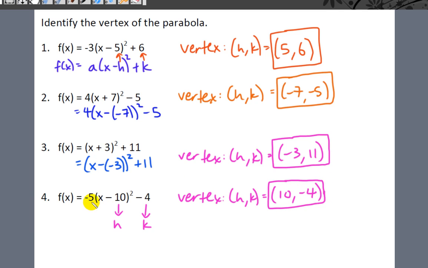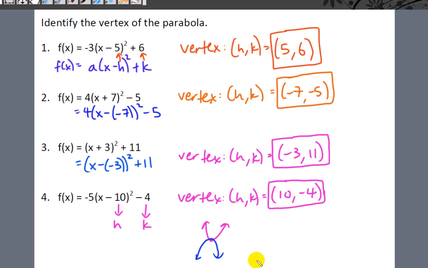Another way you can think of it: if this was your parent function, x squared, you're going to reflect it across the x-axis because there's a minus sign in front here.